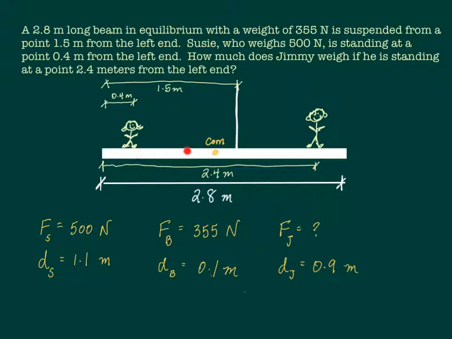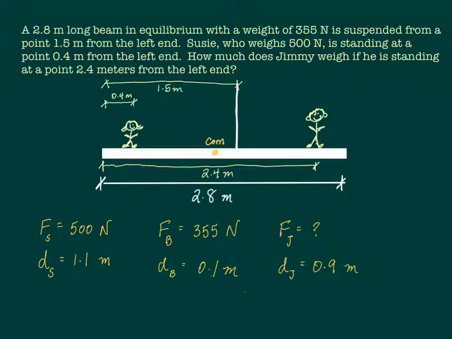Okay, this distance here is half of the length of the beam. So our distance that this force is being applied from our fulcrum is just going to be this 1.5 minus half the length of the beam. So we actually get a distance of 0.1 meters for that.